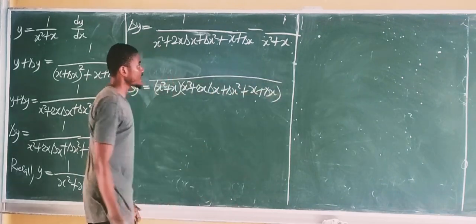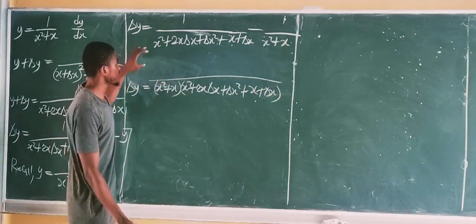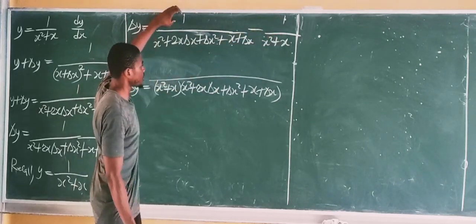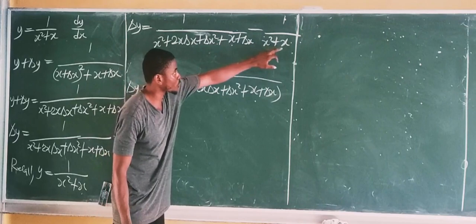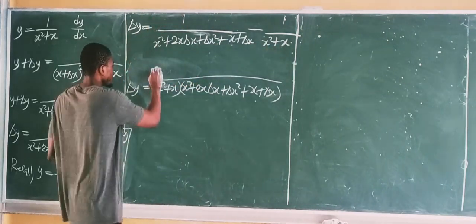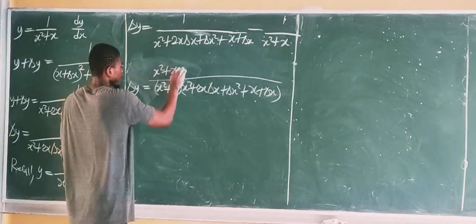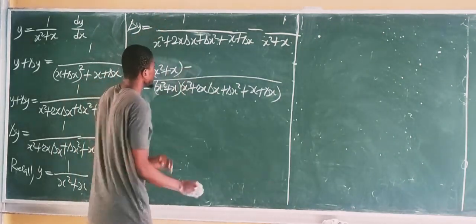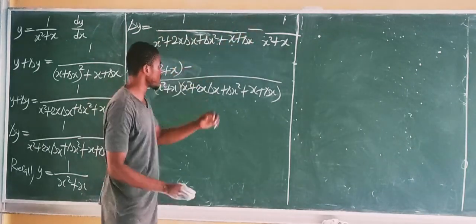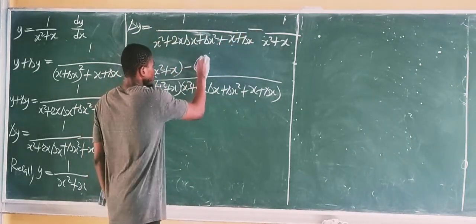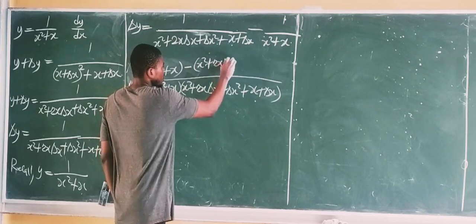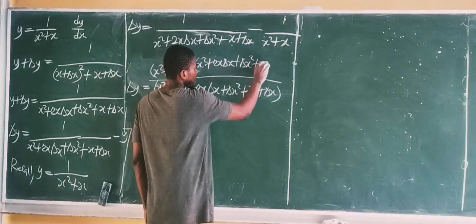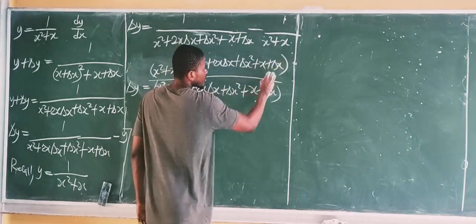After that, you also cross multiply: take the whole of this value and multiply by 1, take the whole of this value and multiply by 1. So I simply have x squared plus x multiplying by this one, minus the whole of this value multiplied by this one, so I'll simply have minus x squared plus 2x change in x plus change in x squared plus x plus change in x.